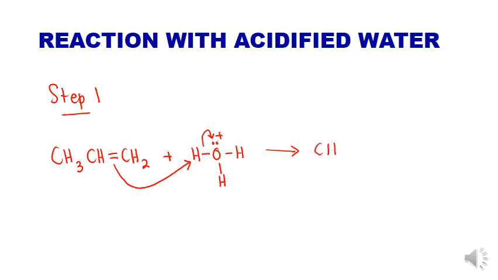But remember, the addition of the hydrogen atom must follow the Markovnikov rules, which is the hydrogen atom is added to the carbon of the double bond with a greater number of hydrogen. So the adjacent carbon of the carbon-carbon double bond will become a carbocation. So now we have formed the secondary carbocation.